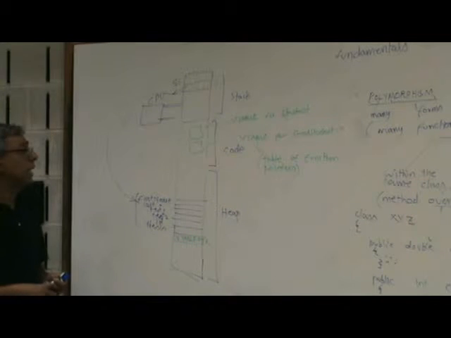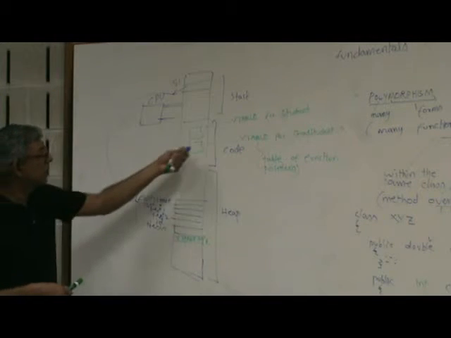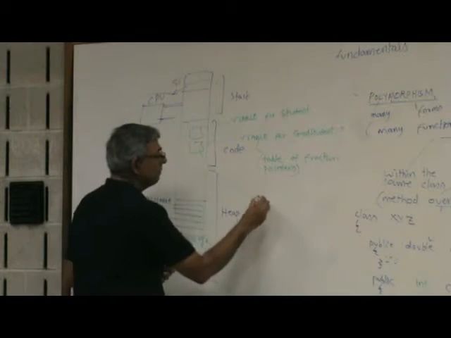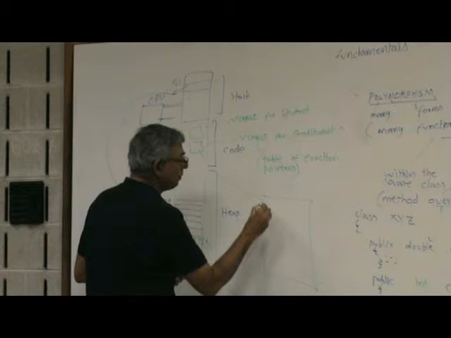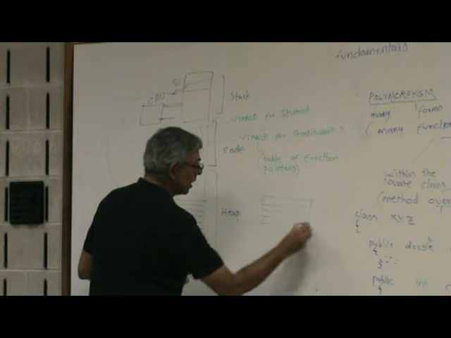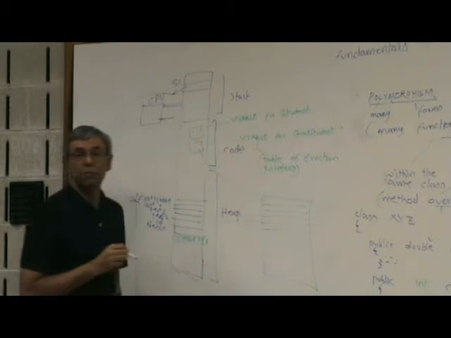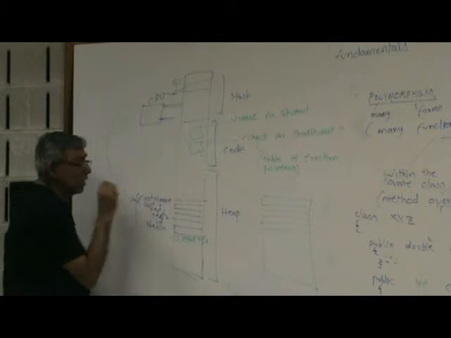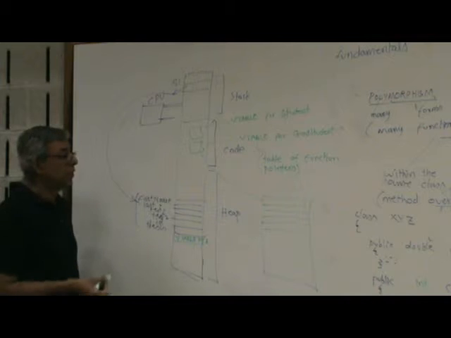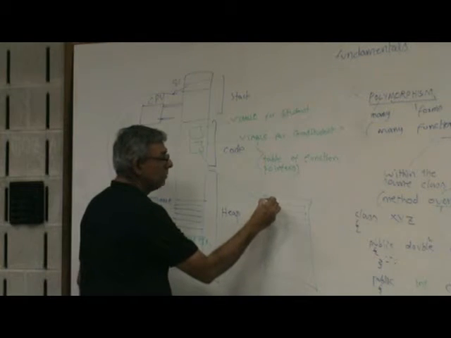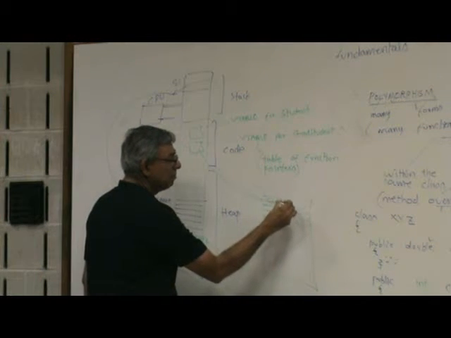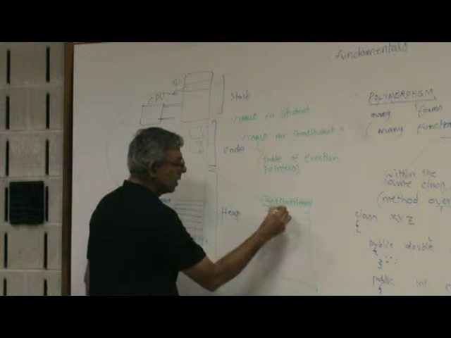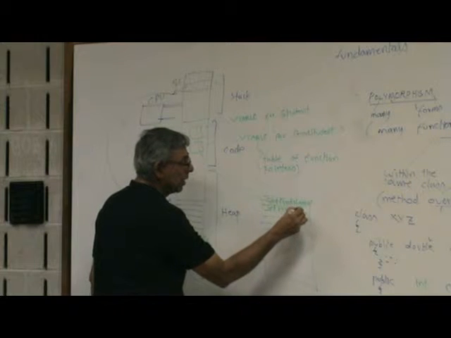Okay, so let's pretend we also have the set and get for each one of these 6 fields over here. So how many entries will be in the V table for the grad student? So if I magnify this, what will it look like? How many entries will there be? Remember, each get and set is a tiny function. So there will be, for example, a function called get first name, set first name, correct?